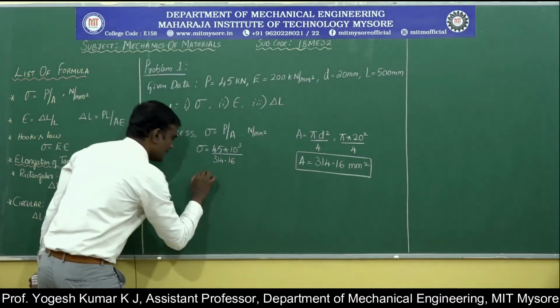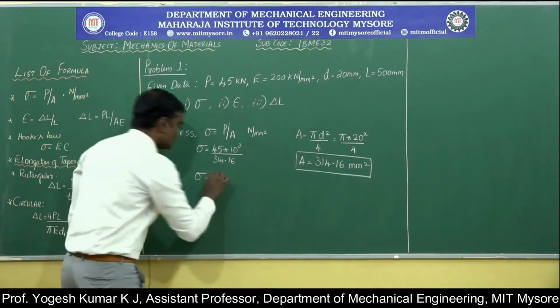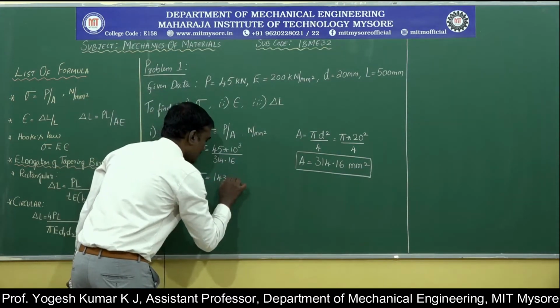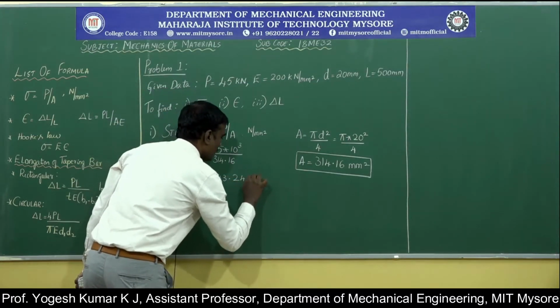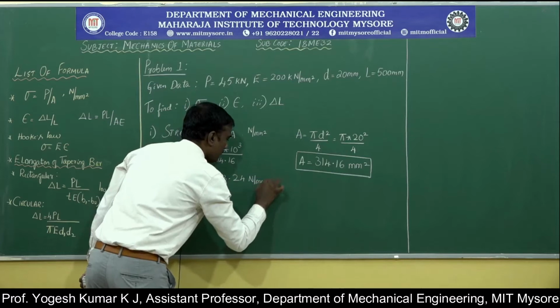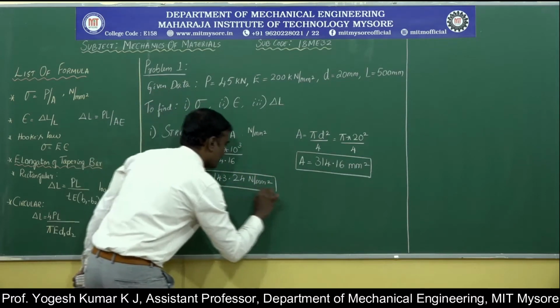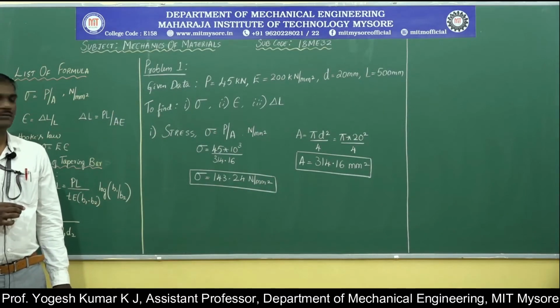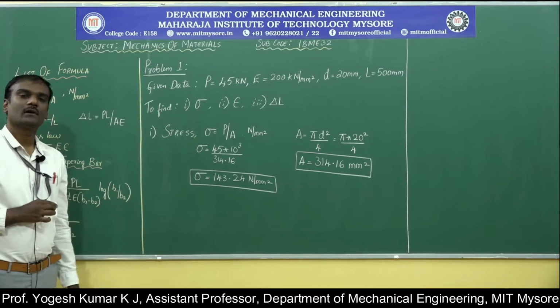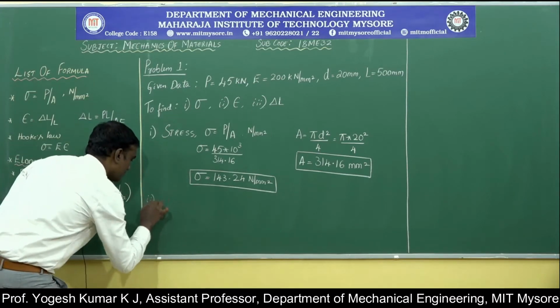Solving this, we get sigma as 143.24 Newton per mm square. So we found the first unknown, that is stress. Let us go for the second one.